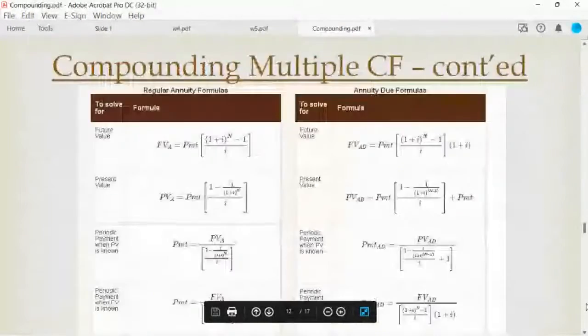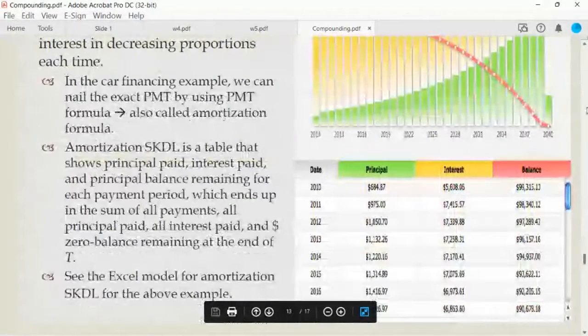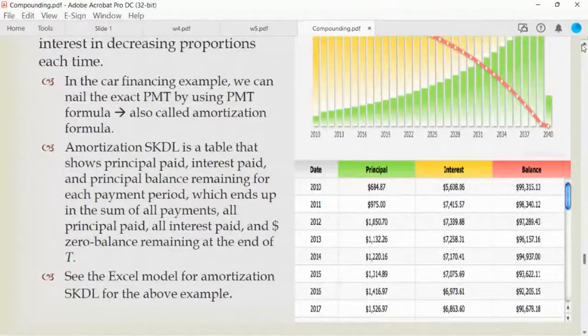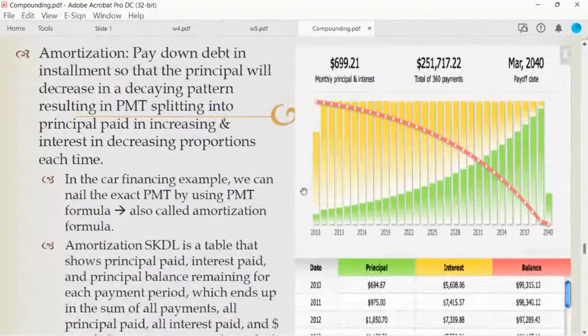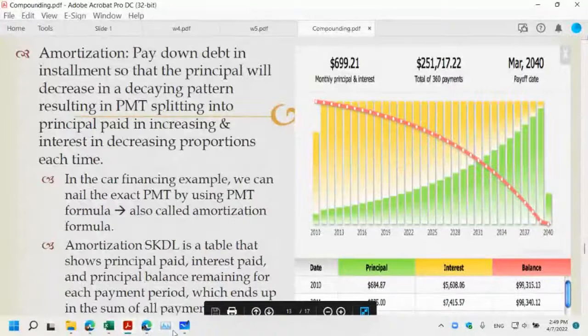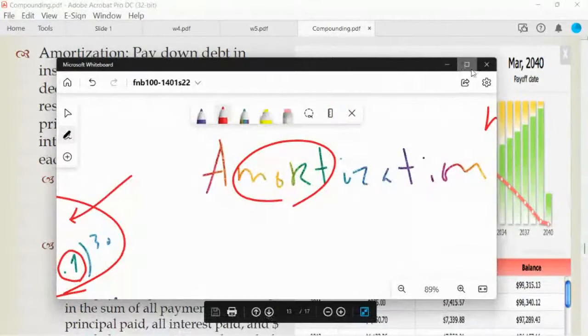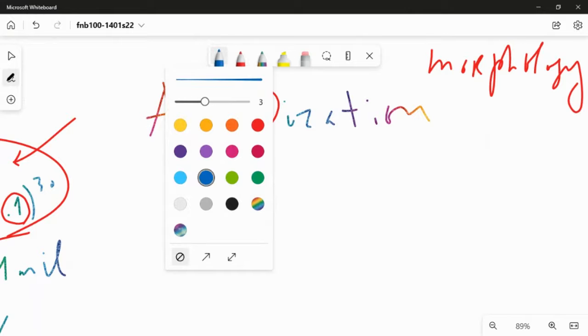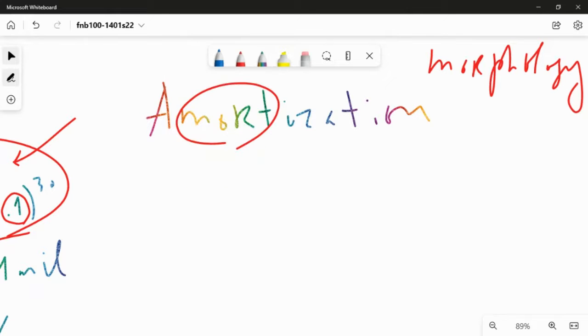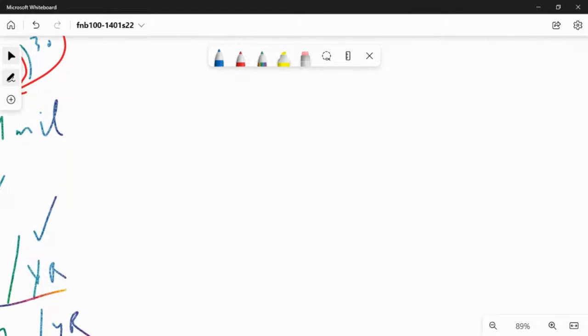But then the pattern of amortization, right? First of all, okay, let me draw a graph.